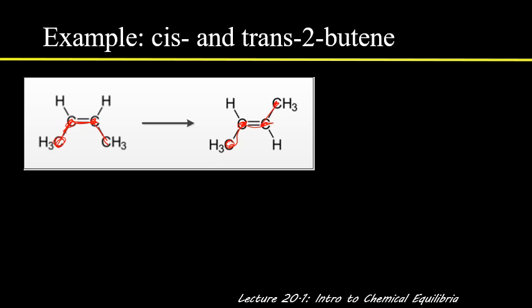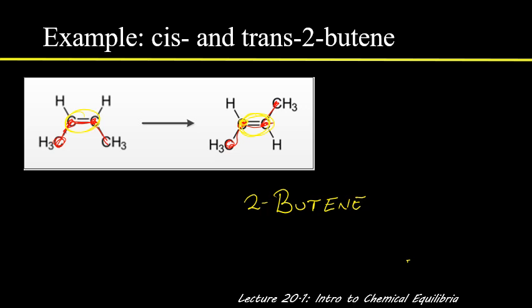A 4-carbon chain has the prefix but, and a molecule with a double bond in the middle gives the suffix -ene, and because this double bond starts at the second carbon in the chain, this molecule is called 2-butene.